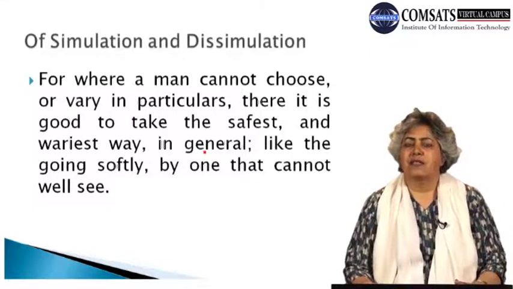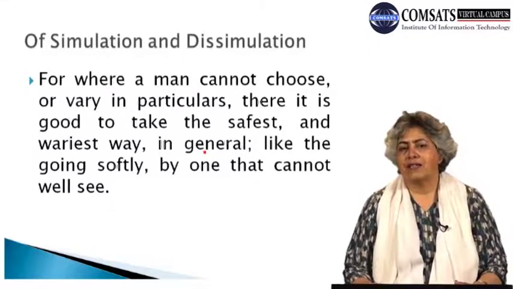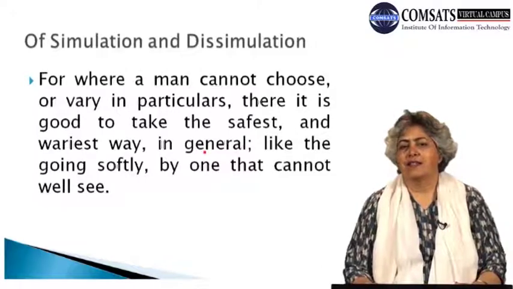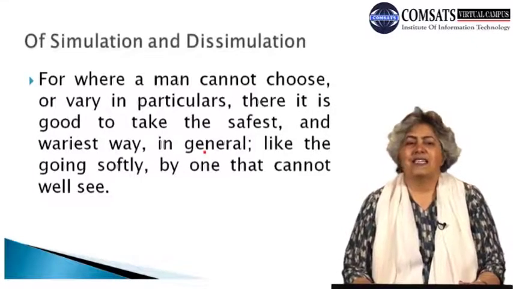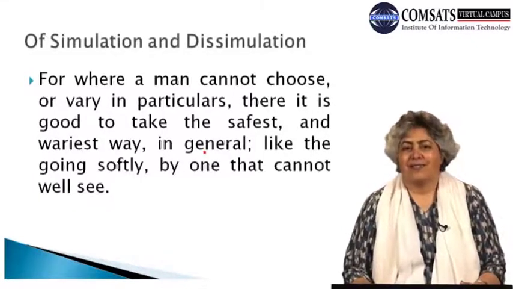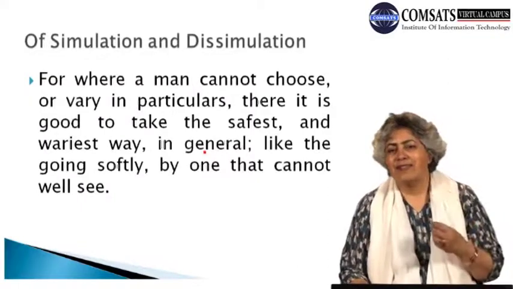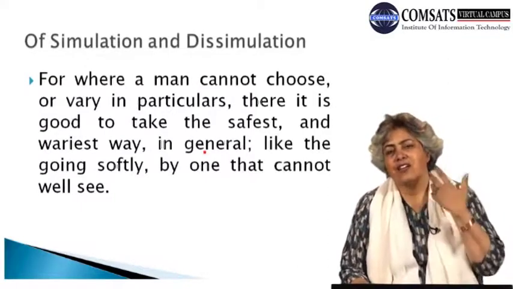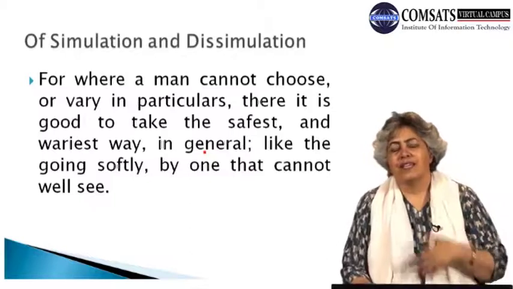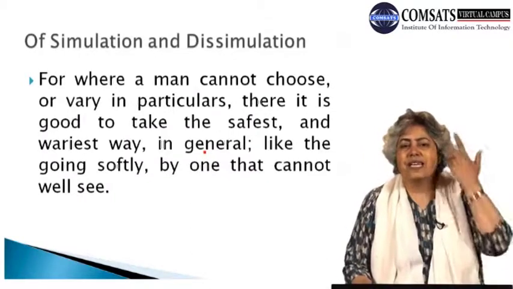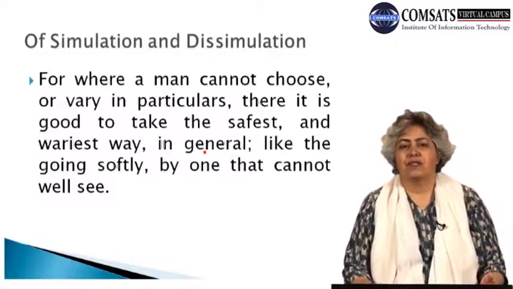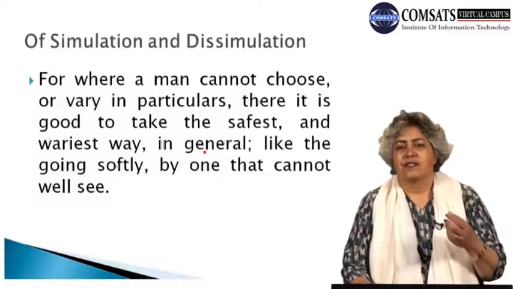So he says, you know what a blind man does? When he cannot see, and it's obvious he cannot see, he doesn't run. For the simple reason that he cannot afford to run. He'll just fall down. He'll hurt himself. His ego will be bruised.